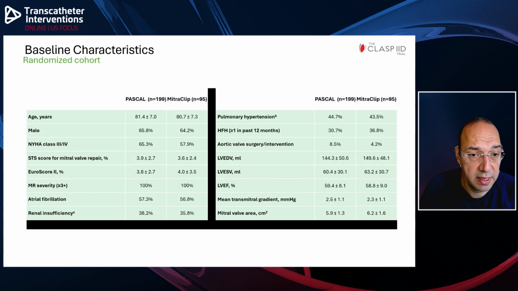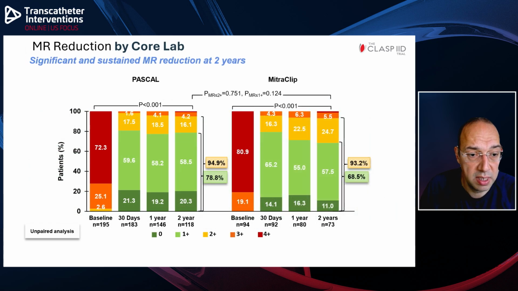This is the baseline characteristics: sick patients with multiple comorbidities. And if we look at the MR reduction, you will see that the reduction to MR 2+ or less is over 90% for both devices, MitraClip as well as Pascal. It's almost 93, 94%.